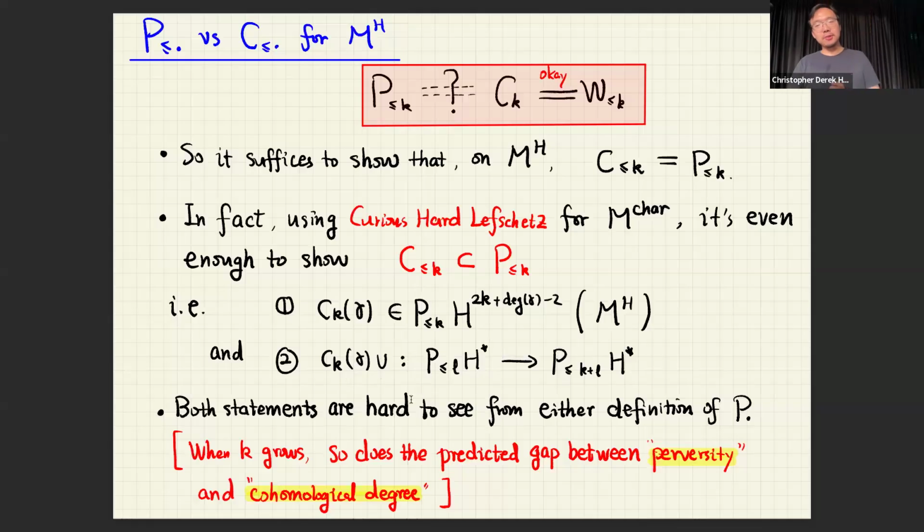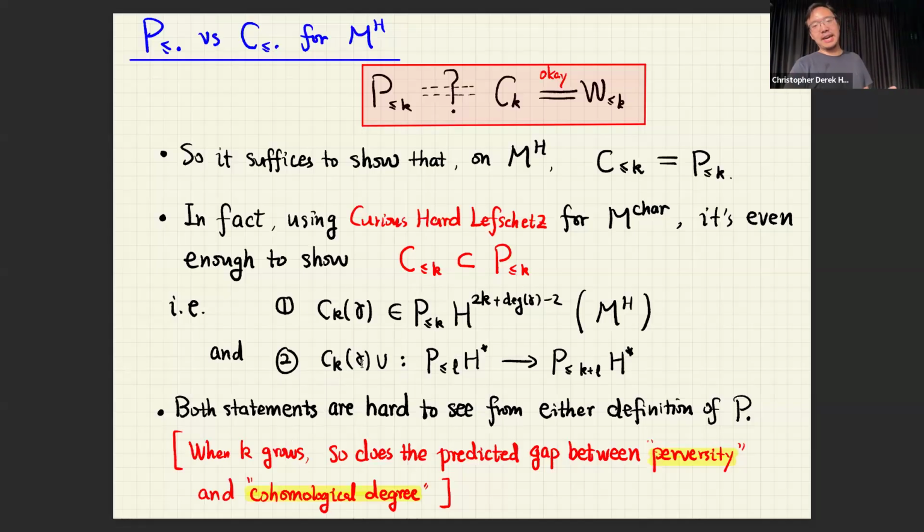Both statements are hard to see from either definition of P. We have two definitions, one using hyperplane sections, the affine subspaces for the base, and the other using the decomposition theorem. Either is not easy for seeing the interaction with the tautological classes. And there's even more; this is actually the essential difficulty. The higher Chern class you consider, the harder it gets.